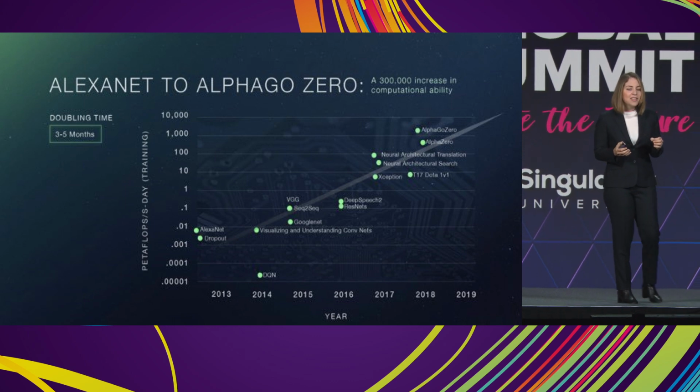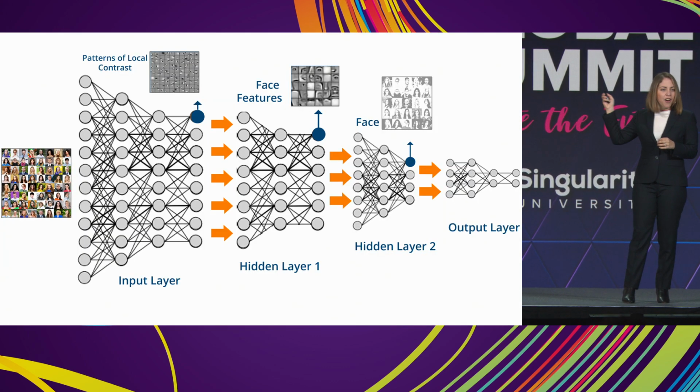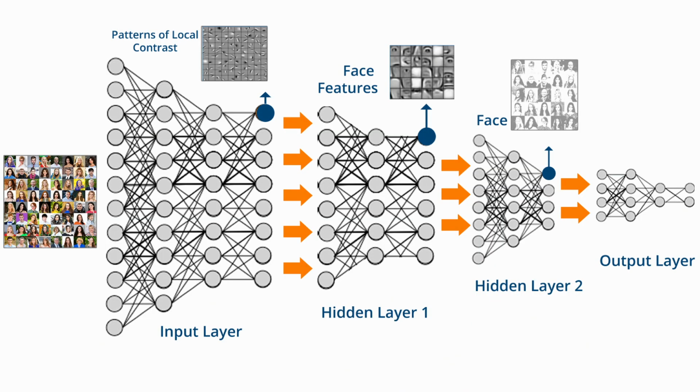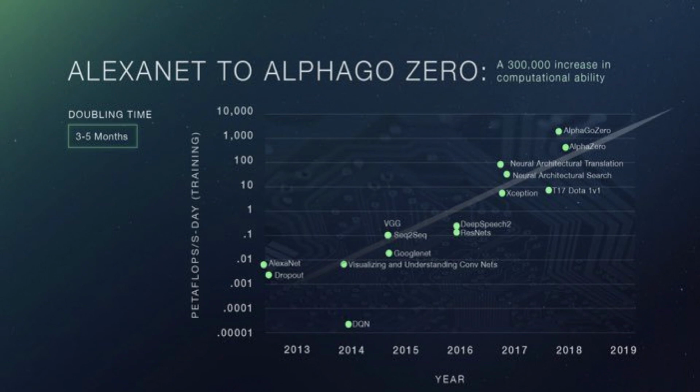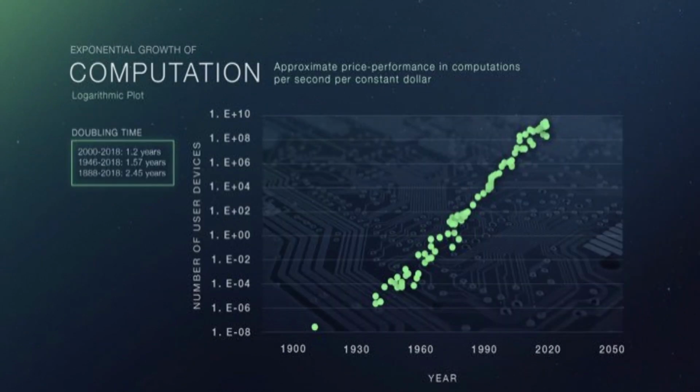It means that these deep learning neural networks, which are very complex and take enormous amounts of computational power to run, have computational power that is exponentially more available every 3 to 5 months. And not only that, but it is exponentially less expensive to deploy that computational power. So the cost of computing is decreasing exponentially.